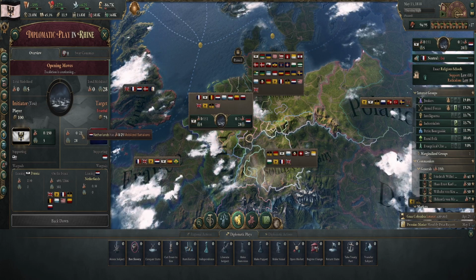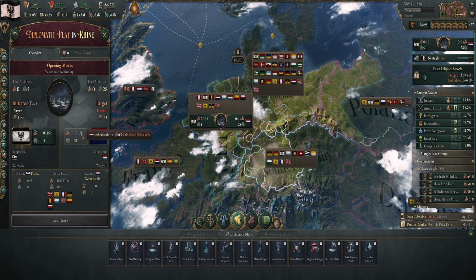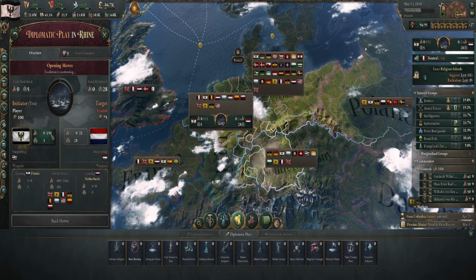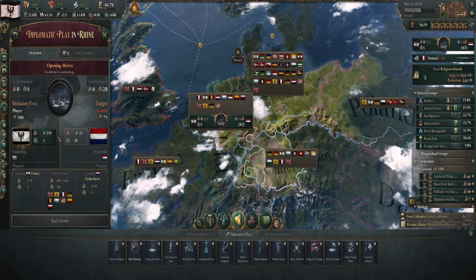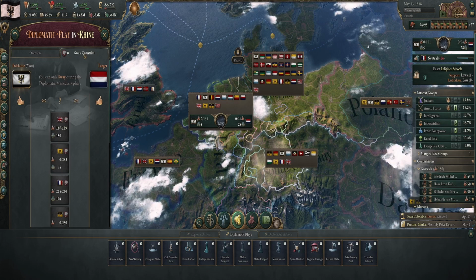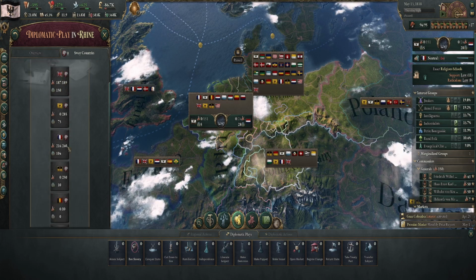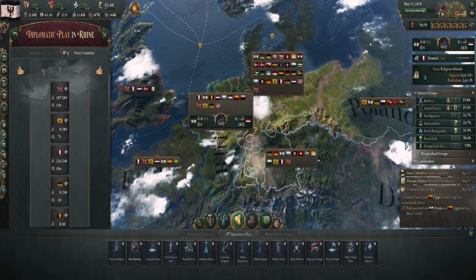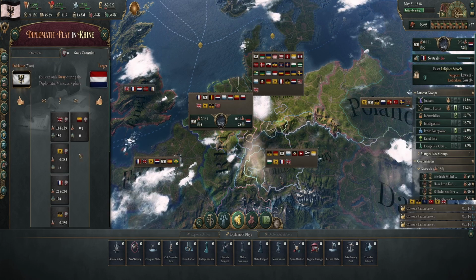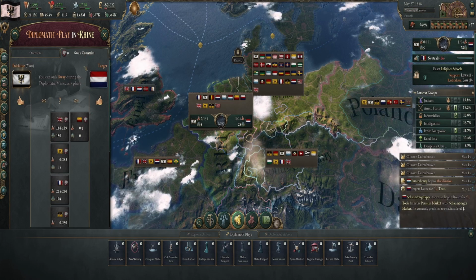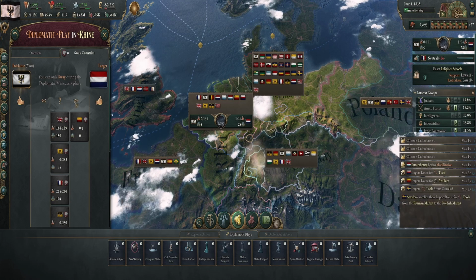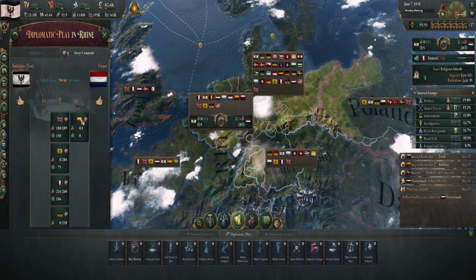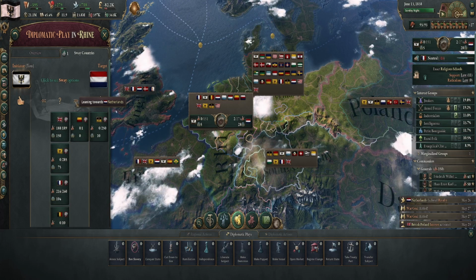They only have 21 mobilized battalions or potential battalions to be mobilized. We have 150. So they know this, and they know that we could potentially beat them up very quickly. So they're definitely going to want to get some nations that will help them. All right, so if we keep this going a little bit, you can see here in the swaying countries that currently it seems Lippe is leaning towards the Netherlands.